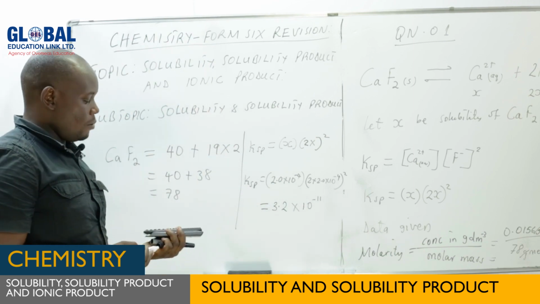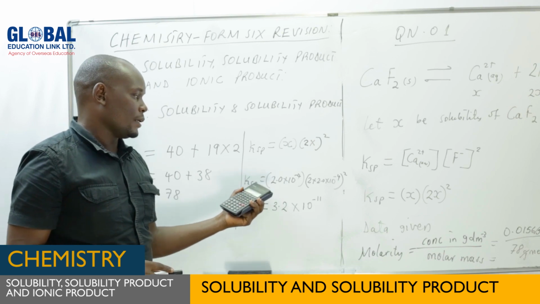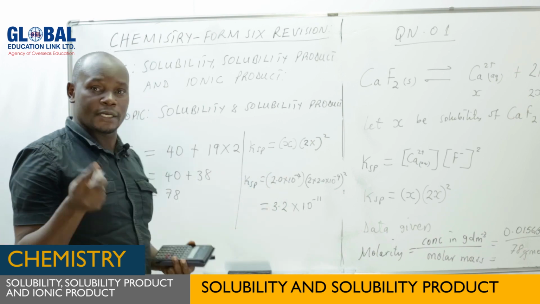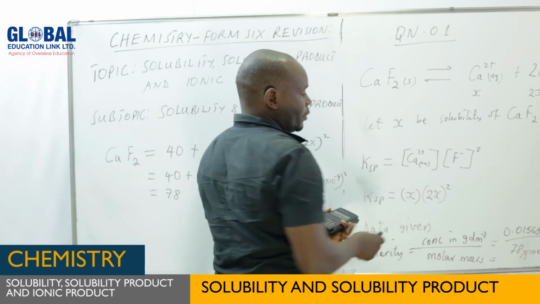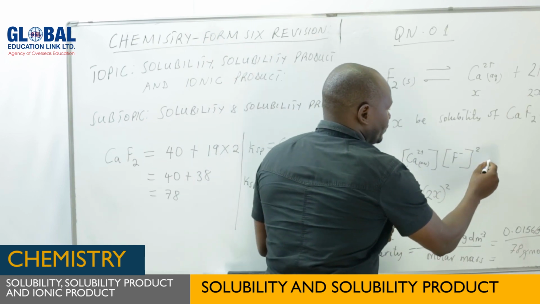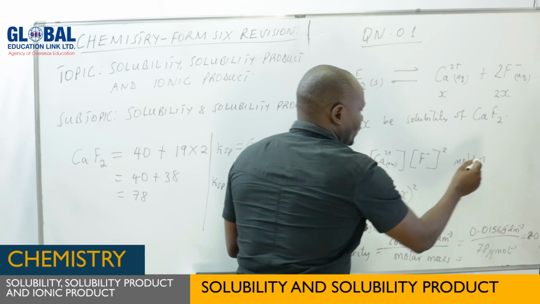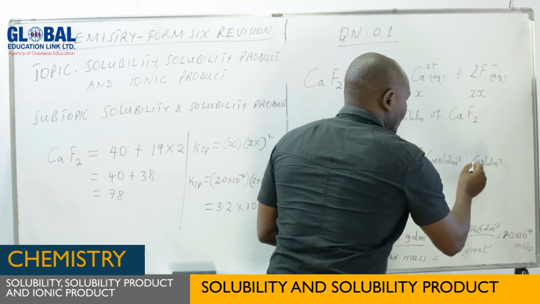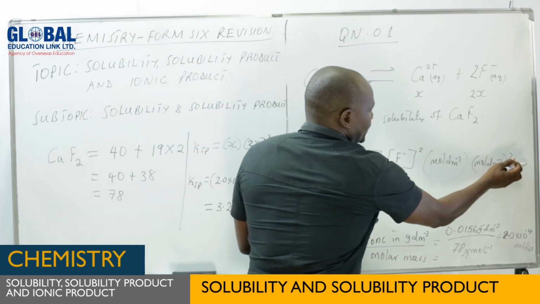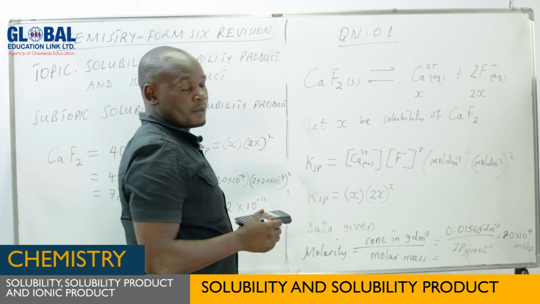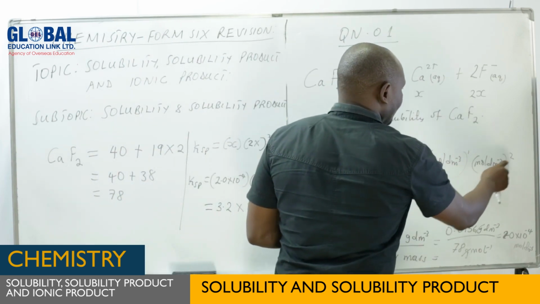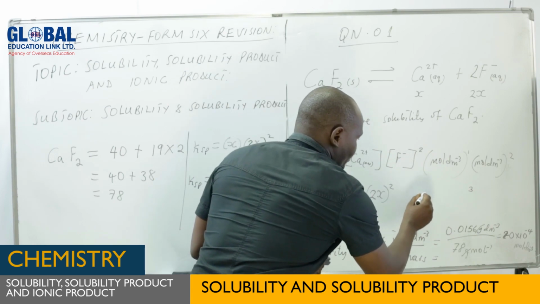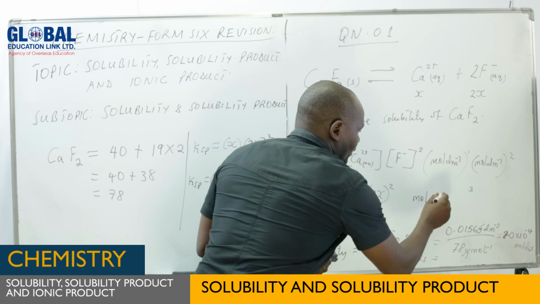Now, the question here is, what will be the SI unit of our KSP? The SI unit of our KSP will be obtained from the KSP expression. The concentration of calcium is in moles per decimeter cubed, and the concentration of fluoride ions is also in moles per decimeter cubed, but this one is squared. So 1 plus 2 gives 3, which is the same as taking moles per decimeter cubed raised to power 3.